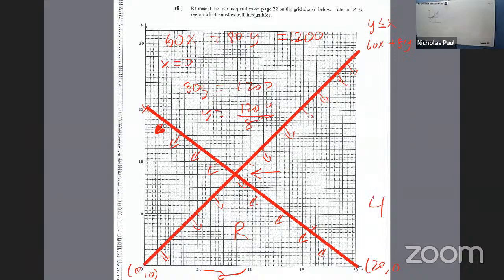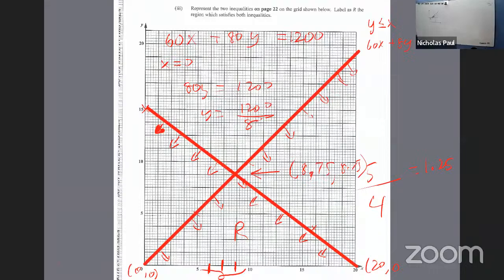Between 5 and 10 is 5, so every big block is 5 divided by 4, which is 1.25. So this will be 6.25, this will be 7.5, and this will be 8.75. So that point there is 8.75, 8.75.